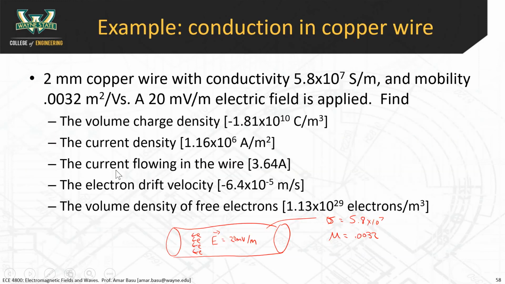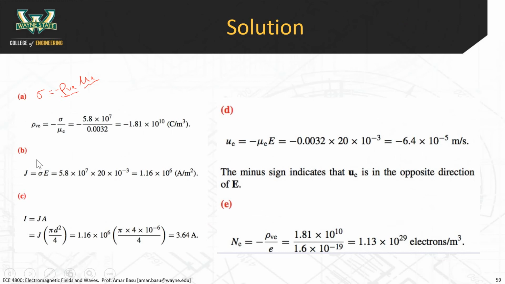Okay, so the second thing that's being asked is calculating the current density. As we said, the current density is sigma times the electric field, and sigma is given in the problem as 5.8 times 10 to the 7th.